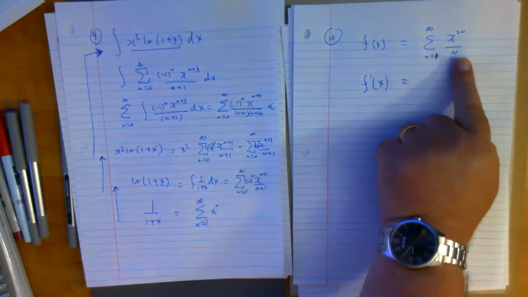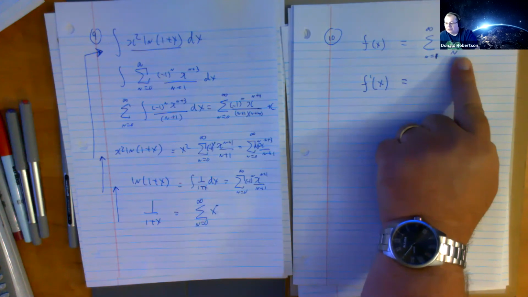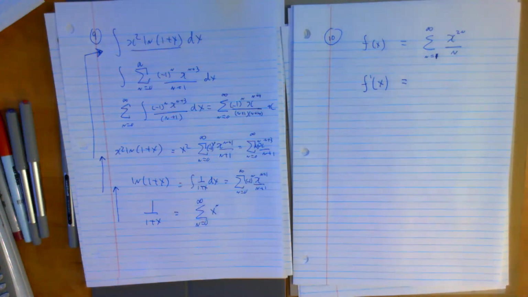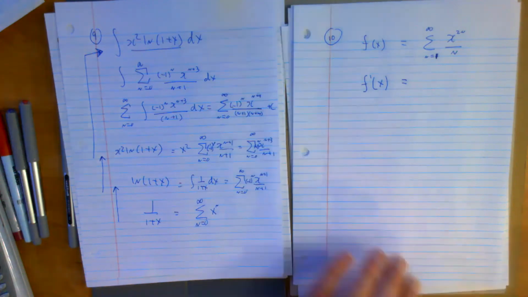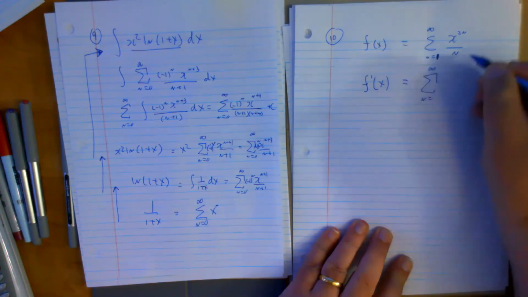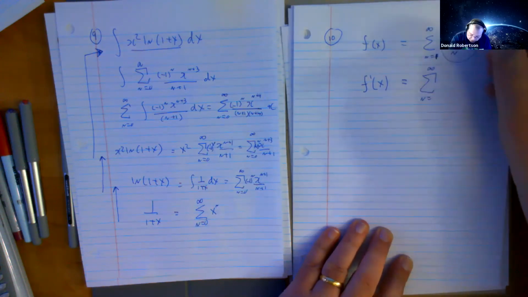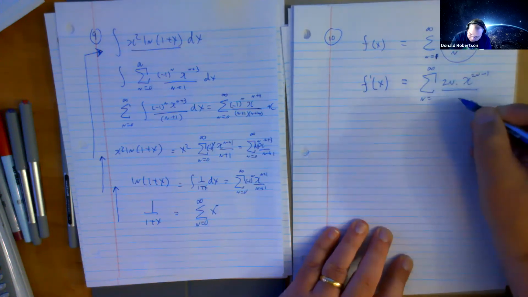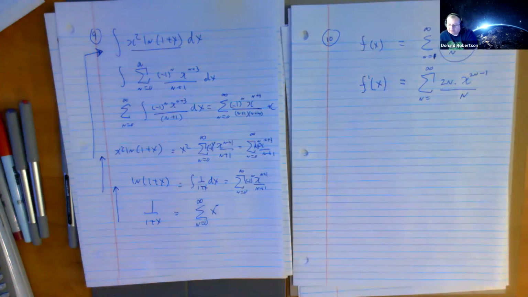Right. Wouldn't you just differentiate the individual pieces? Isn't that what you do when you integrate? And the answer is yes. If you differentiate this, don't you multiply by the power, and then reduce the power by 1, and I get this guy, right? Oh, this is interesting. Can I get a little cancelling?